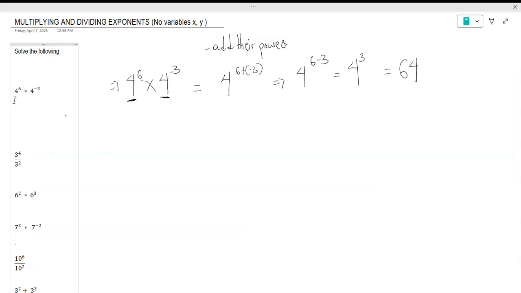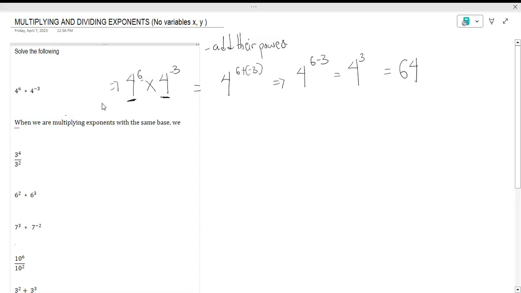When we are multiplying exponents with the same base, we can add their powers.